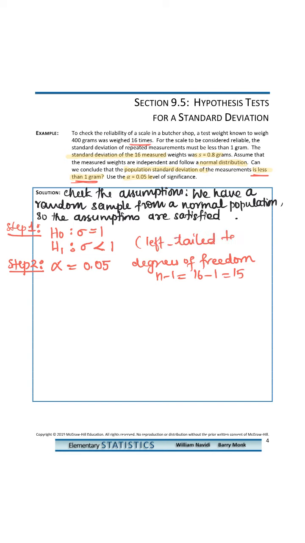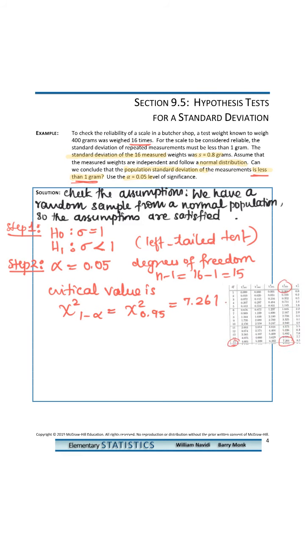So the critical value is chi-square 1 minus alpha, so it will be chi-square 0.95, which is equal to 7.261.